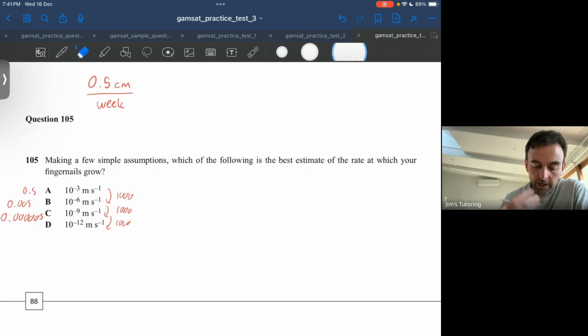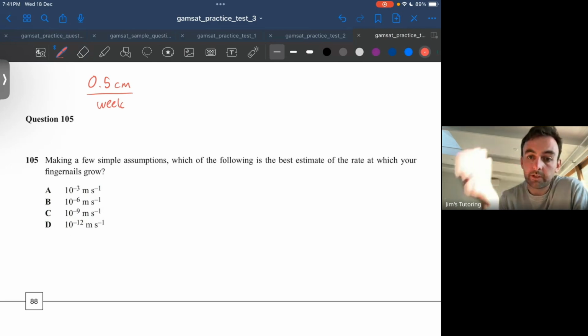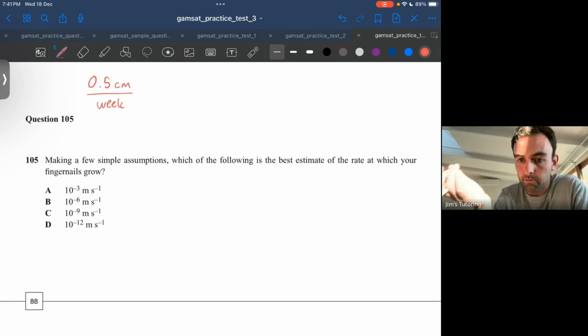So if you're anywhere in the ballpark, you're still going to get the right answer as long as you do your maths well. Really this is about, can you set your maths out correctly, which is what unit conversion is for, and can you apply your index laws and do your maths appropriately? That's the whole point.